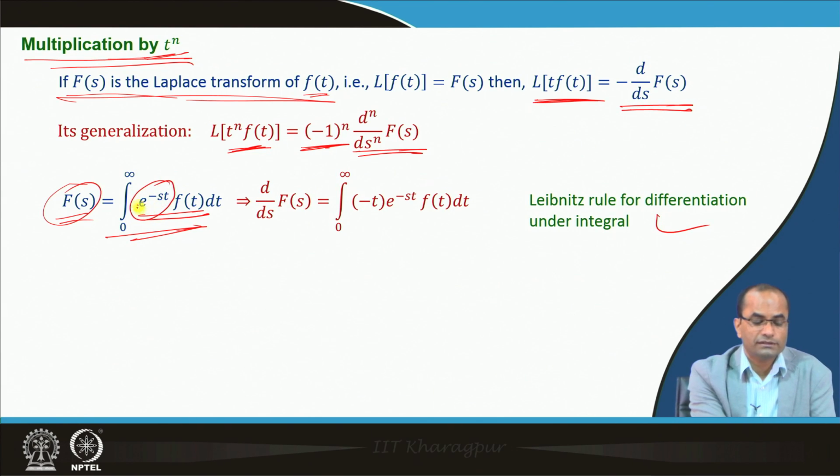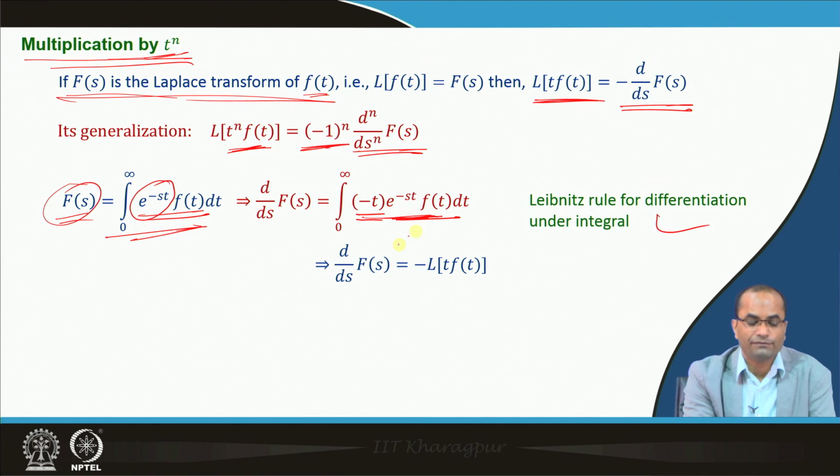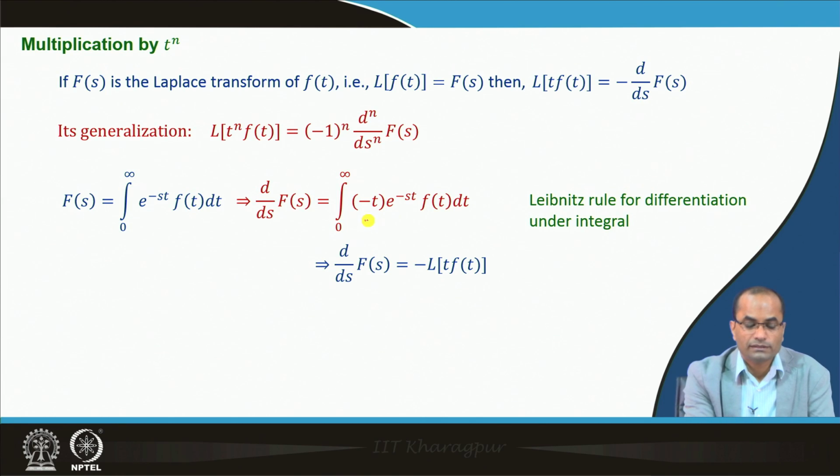As a result, this minus t will come out, and then we have e power minus st f(t) dt. This is the Laplace transform of t f(t) with the minus sign, because now the function is t f(t) instead of f(t). So the right hand side is minus Laplace of t f(t), which is exactly the result we want to prove.